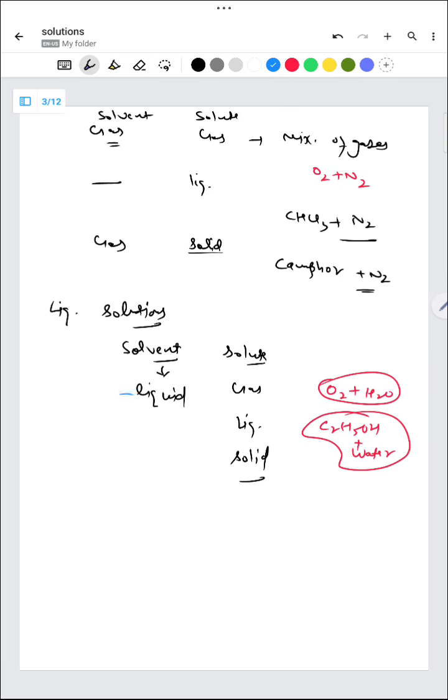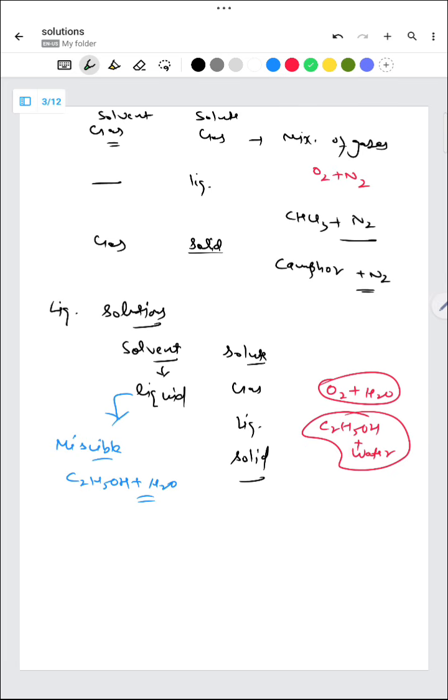I am discussing miscible. In miscible, both will be completely soluble. Here I am taking the example of ethanol and water. These two kinds of liquids we are using, one as a solvent and another as a solute, are completely miscible.